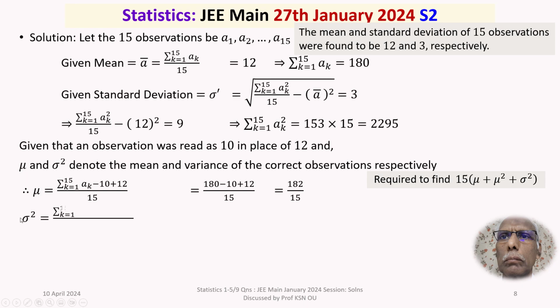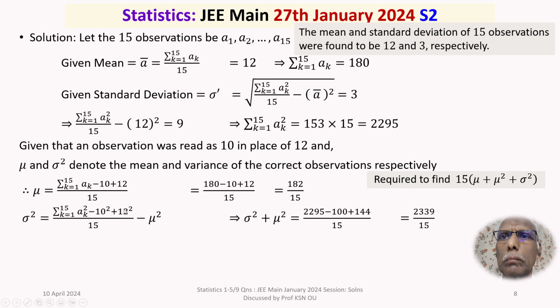Right. Now sigma square, the variance of the correct observations, is equal to the sum of ak square for k equal to 1 to 15. So it involves this sum of ak square, which has minus 10 square, which we have read wrongly, but in that place we have to add plus 12 square.